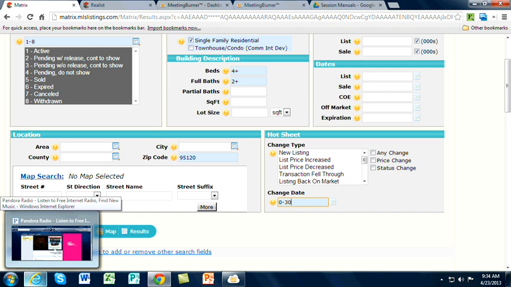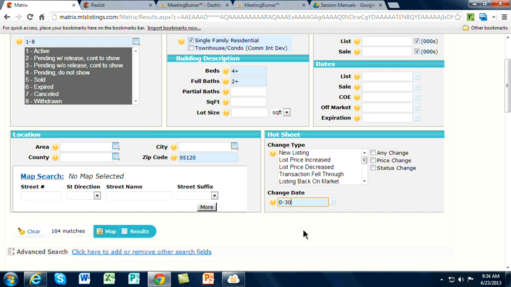There are some zip codes, by the way, that when we do this, there aren't that many that show up, right? And what you're going to find is that we may not have an exact match. So what I'm going to do now is I'm going to go to the map search, and we're going to wait.